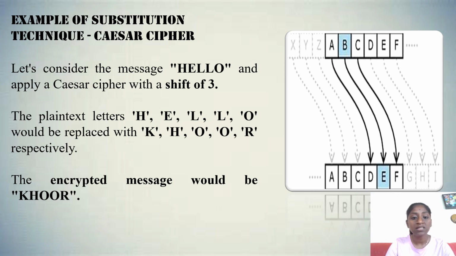In the place of H, after a shift of 3, it is replaced with K: after H comes I, J, K. K is in the third place after a shift of 3, thereby H is replaced with K. E, after a shift of 3: F, G, H. H is in the third place, thereby E is replaced with H, and so on. The encrypted message would be KHOOR for the plain text letters HELLO.